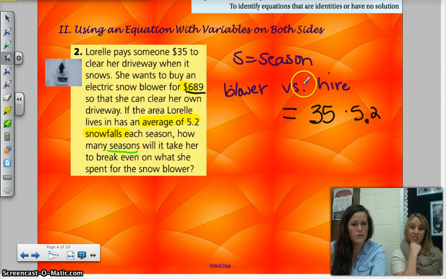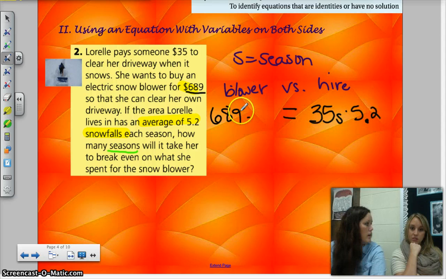Should be 35s. And then 689. No, you're not going to pay $689 every time you use the blower. I think it's 5.2 snowfalls. So this needs to go away, right?